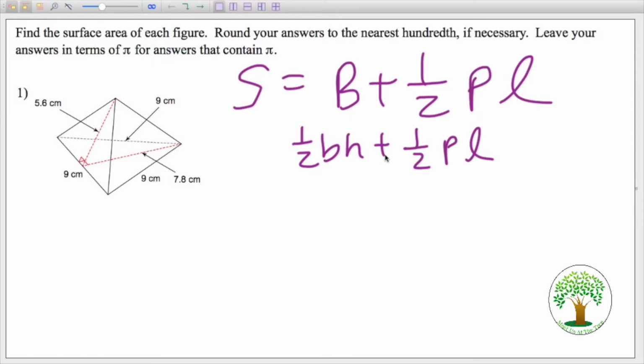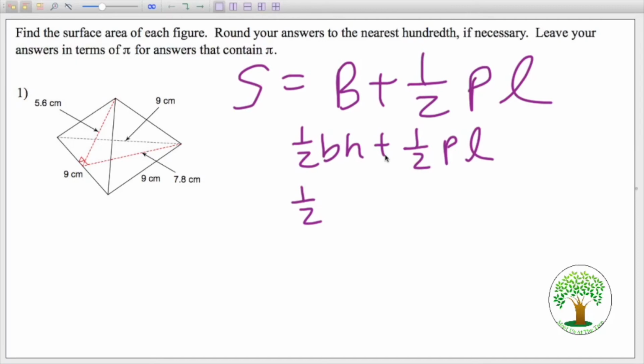What's the base of this triangle? 9. And the way I know that that's the base is because this is the height, and it's perpendicular to that height. And it's an equilateral triangle, every single side.